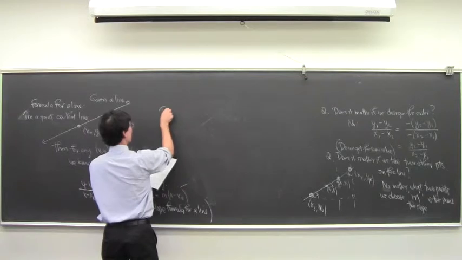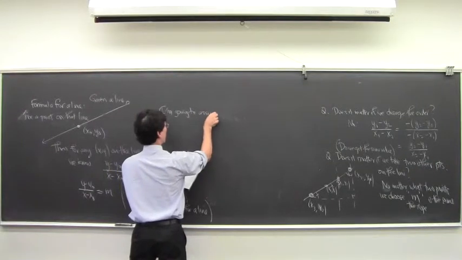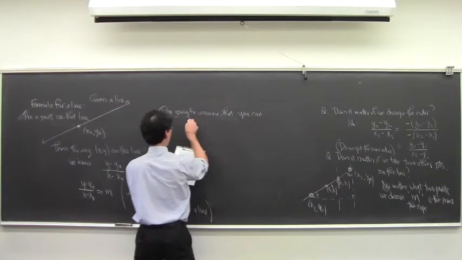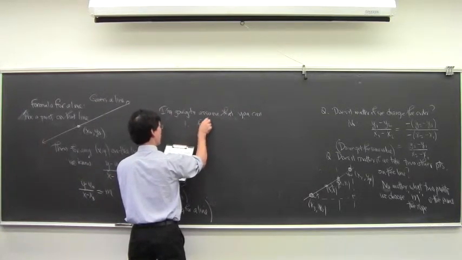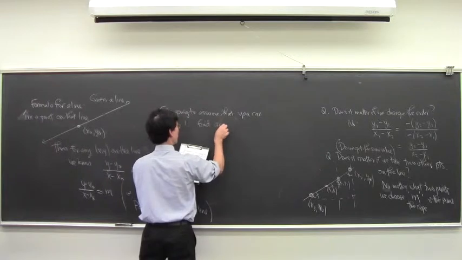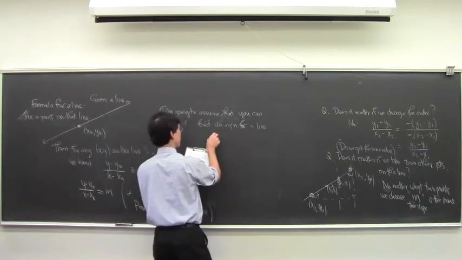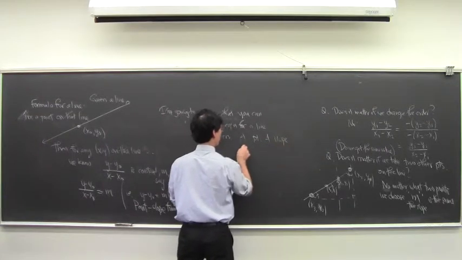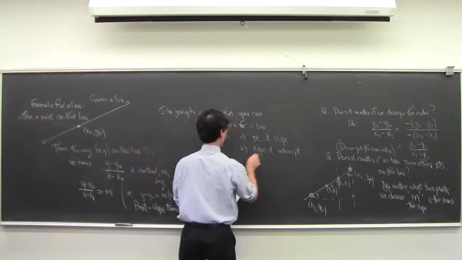So I'm going to assume that you can find an equation for a line given a point and slope, slope and intercept, or given 2 points on the line.